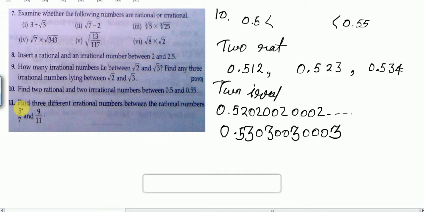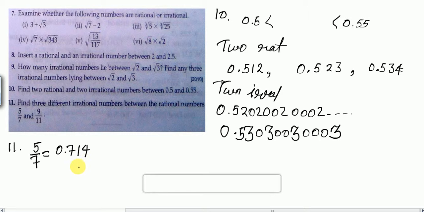Question 11 is: find three different irrational numbers between the rationals 5 by 7 and 9 by 11. So 5 by 7, after solving we get 0.714.